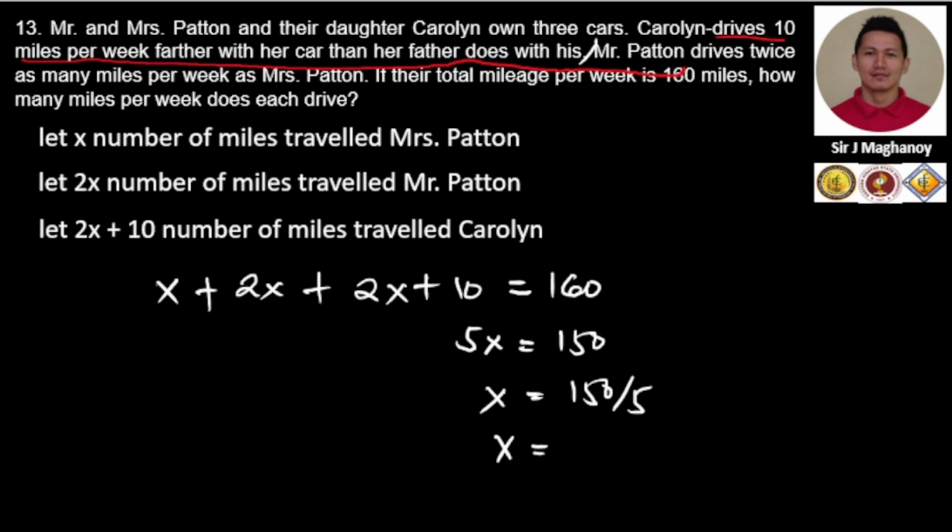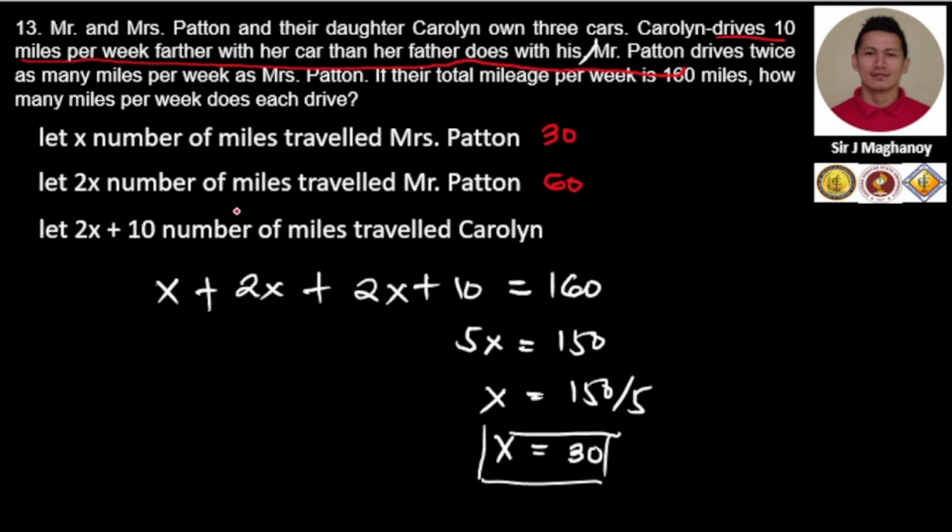So x is equal to 30. So Mrs. Patton, which is our x, traveled 30 miles. How about the number of miles traveled by Mr. Patton? That is twice, so this is 60, right? How about their daughter Carolyn?